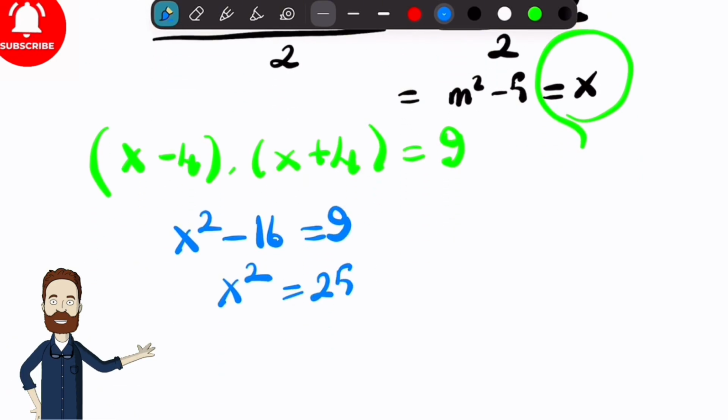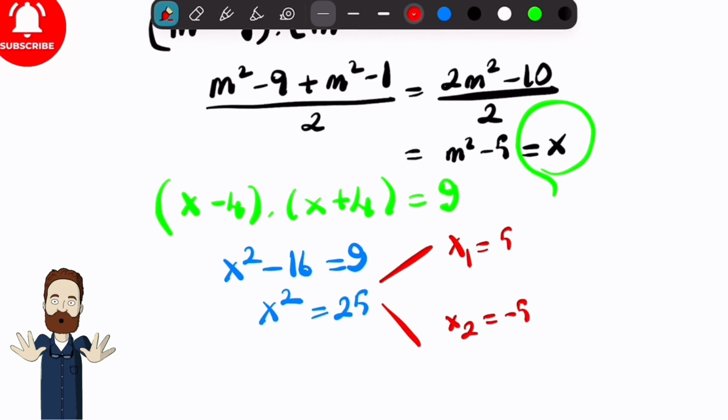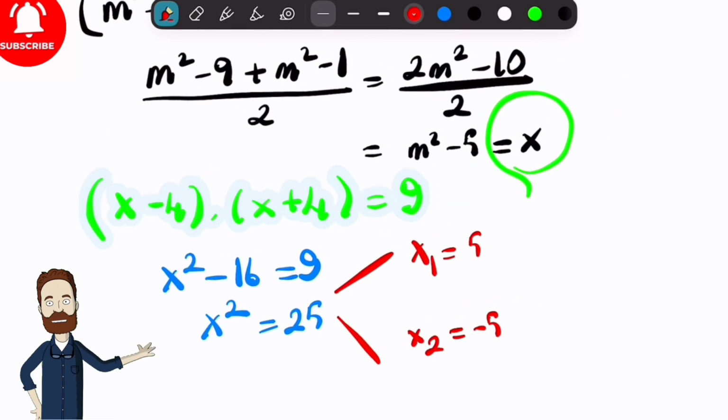If I take the root of 25, 2 roots will come: x1 is 5 and x2 is minus 5. Now I found these x values, and I said x is m squared minus 5.